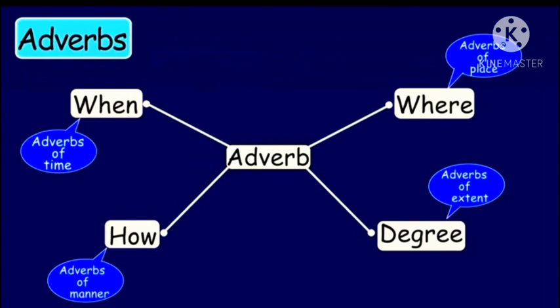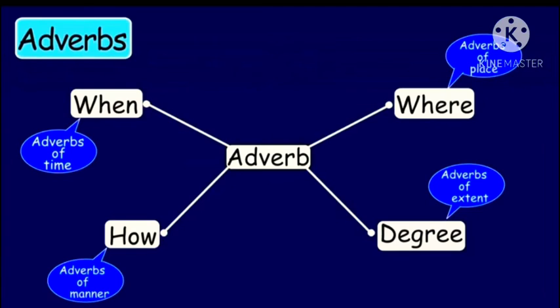So, in this chapter and in this video, you have all learned how adverbs tell us how the action is done, when the action is done, where the action is done, and the degree as well as the frequency of the action. When they tell us when the action is done, they are called adverbs of time.